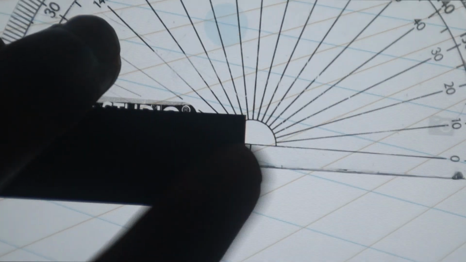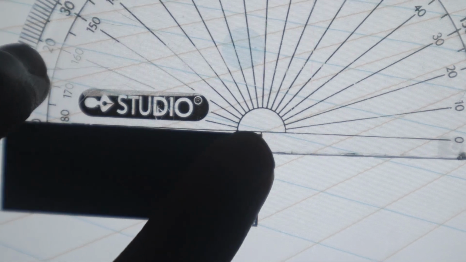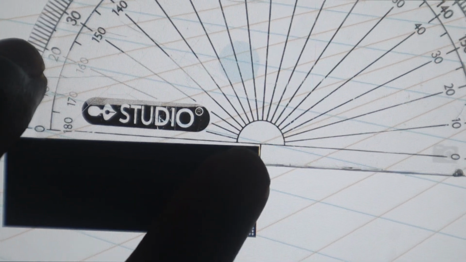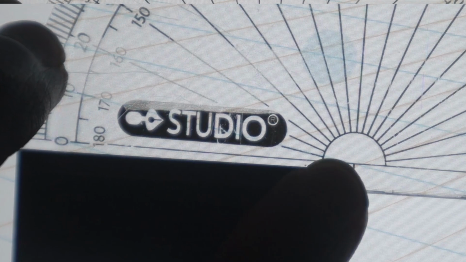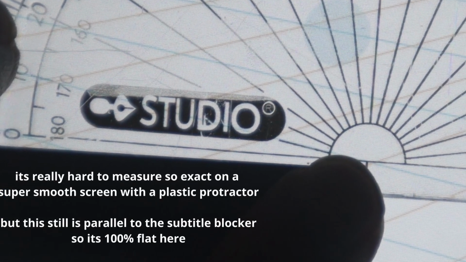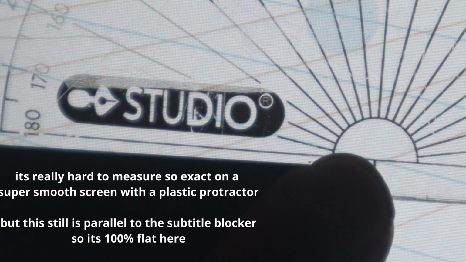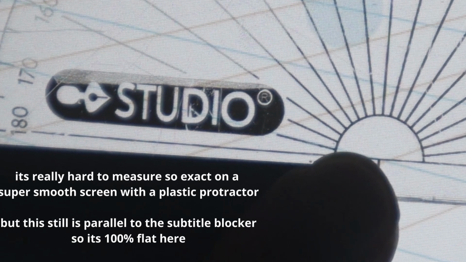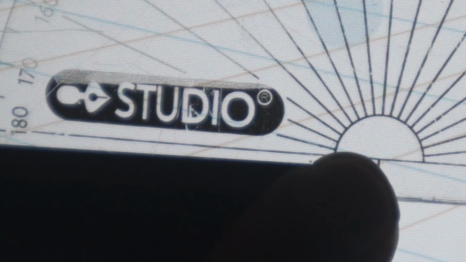So this is 10 degrees, I'm going to predict. And as you can see, if we measure this line, we have about 10 degrees. That's exactly the point that we had, and that is 10 degrees.